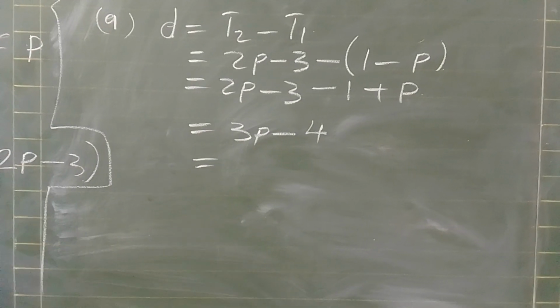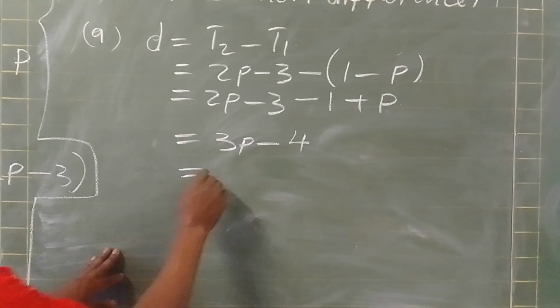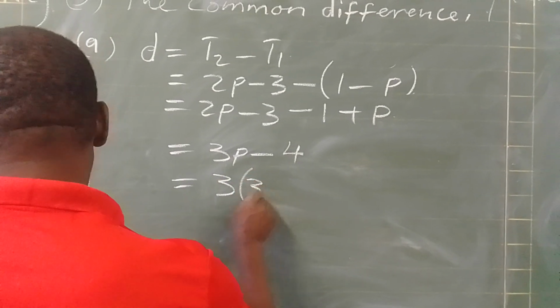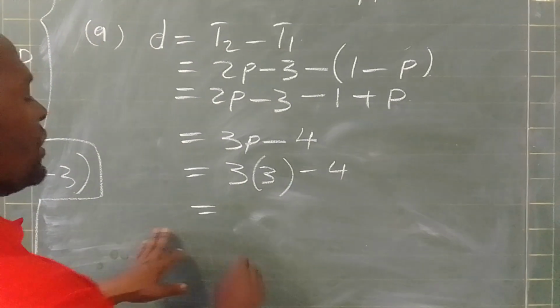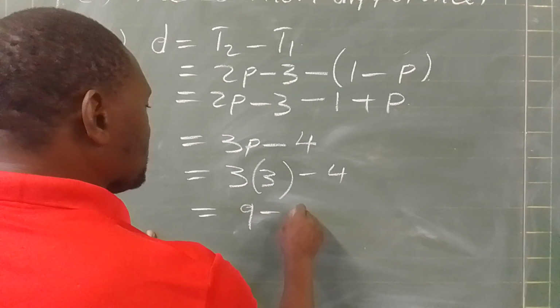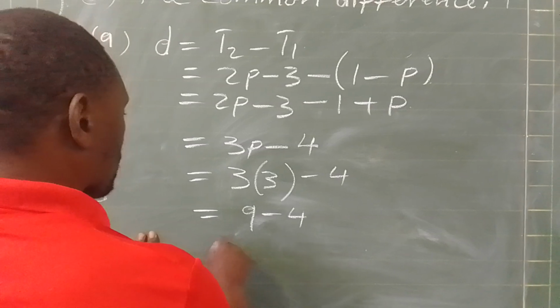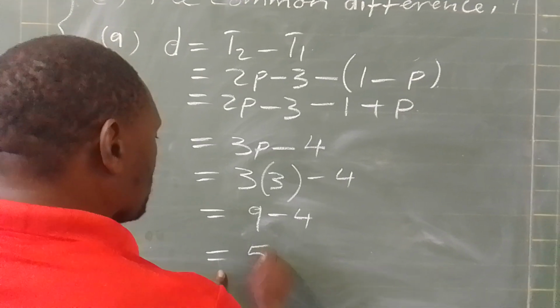The value of P was 3. You plug in your 3: 3 times 3 is 9 minus 4. 9 minus 4 is 5.